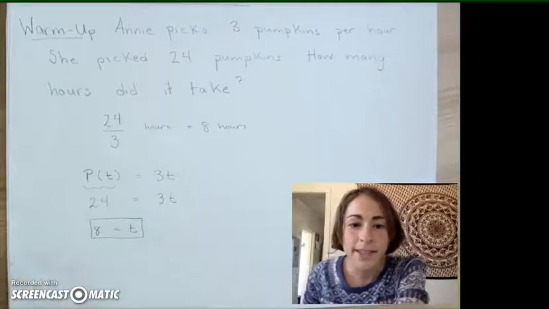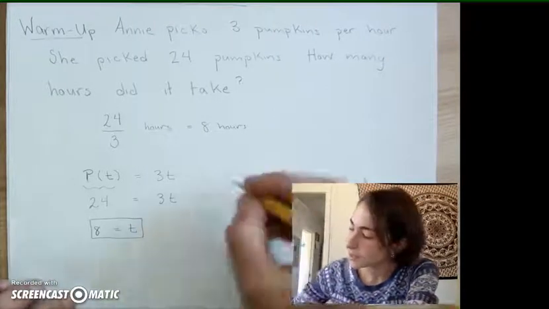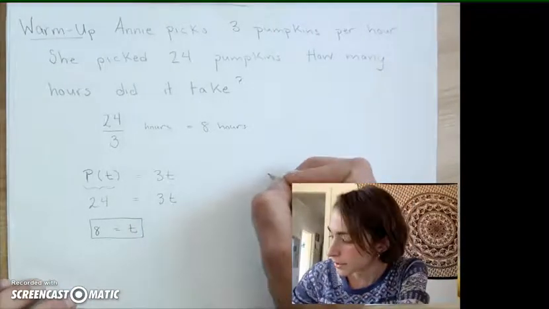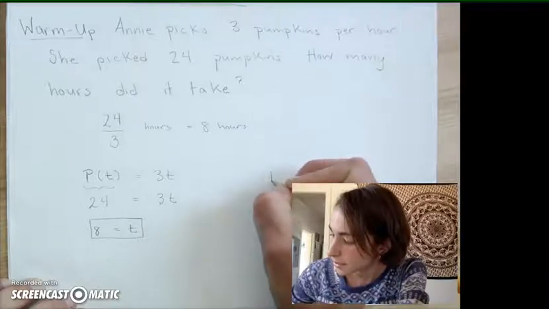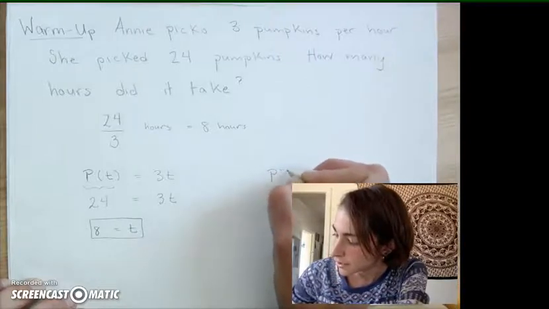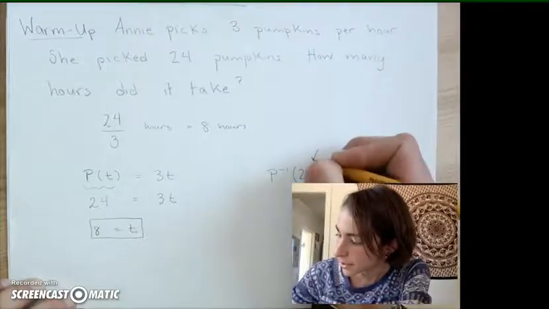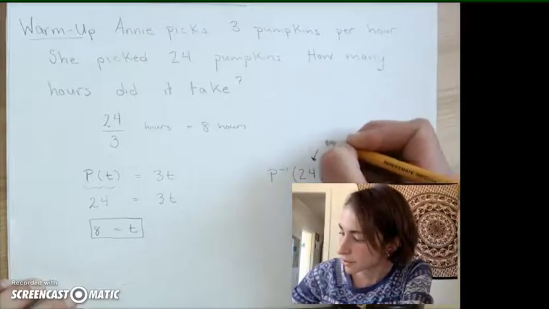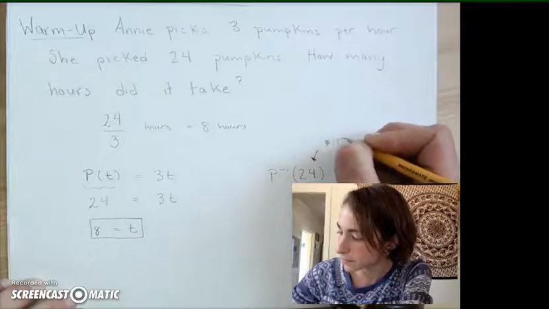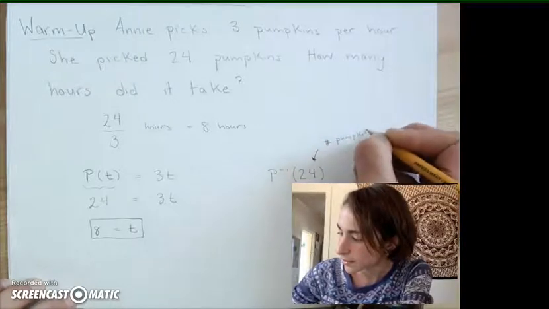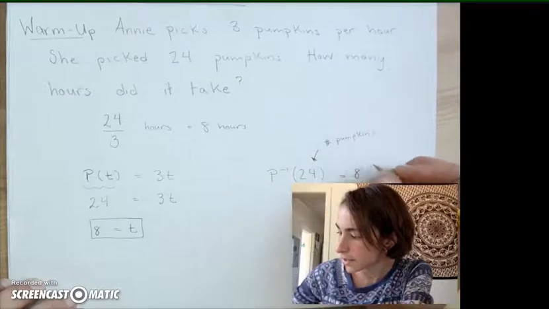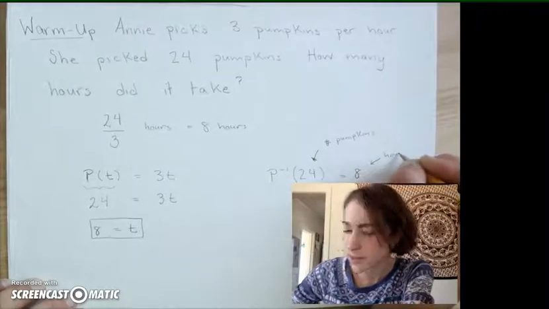This is the whole idea of an inverse function. The notation we would use here is that P inverse of 24, so I'm plugging in instead the total number of pumpkins, equals 8. I'm getting out the number of hours.